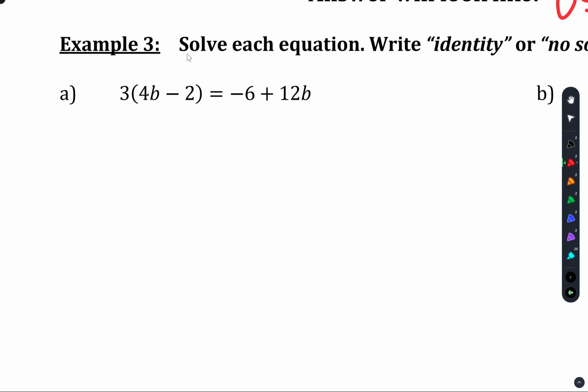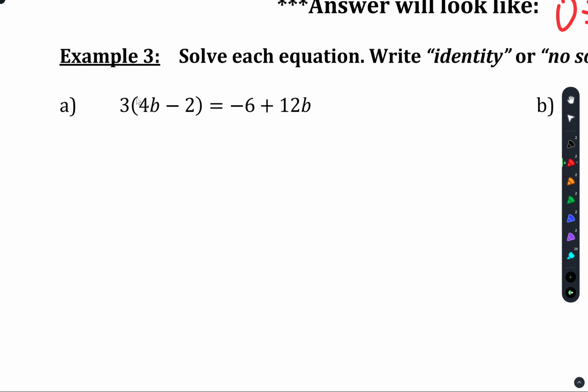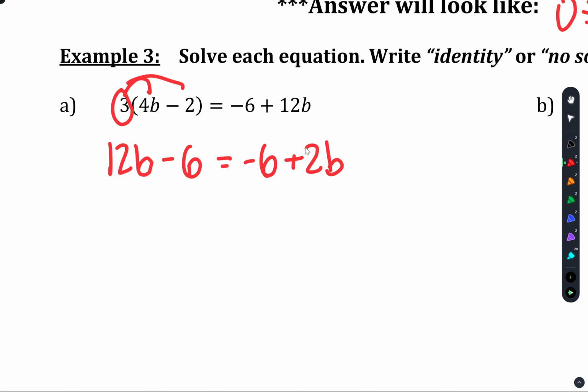And I'm going to do the same steps that I did before. First off, I'm going to distribute. So I can distribute my 3 to both of those pieces. 12b minus 6. I have no like terms to combine, so I'm going to move my variables to one side. Let's move this 12b to the left. And look at what's happening here. 12b minus 12b cancels out on both sides.